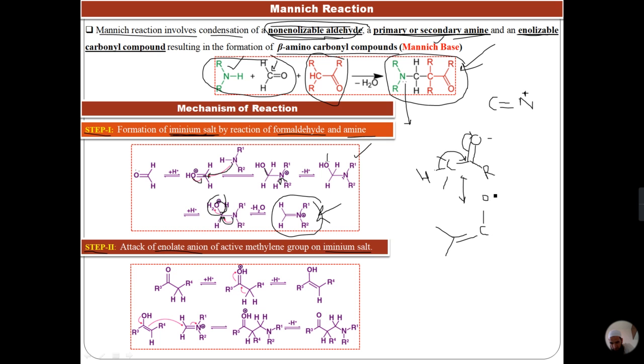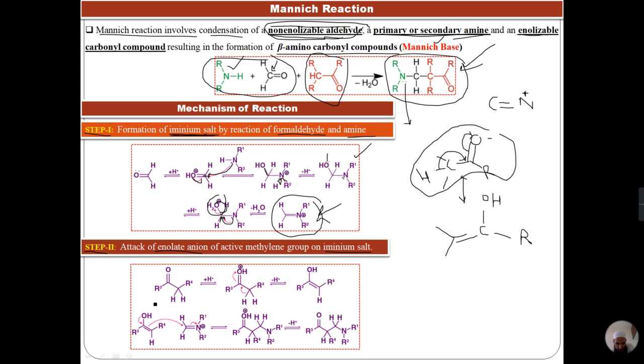O negative will take a proton to form OH. This is called the enol form. So that's why this compound is called enolizable. Any carbonyl compound which has alpha protons, that is, hydrogen atoms at the alpha carbon, can form the enol. They're called enolizable carbonyl compounds.